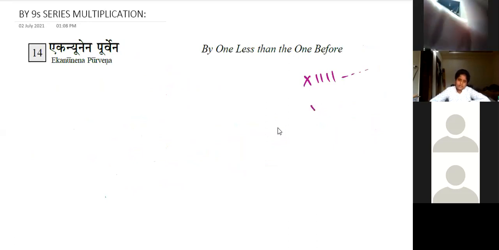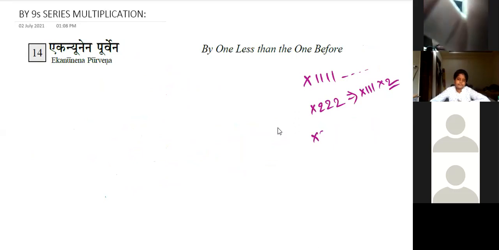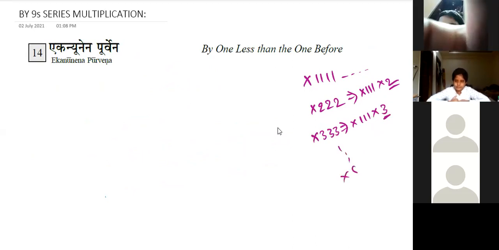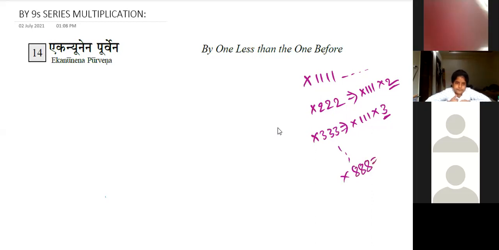If it is a series of twos, simply convert it into a series of ones and double the number. If it is a series of threes, convert it into a series of ones and triple the given number, 3 times the given number. So the process is same till 8.